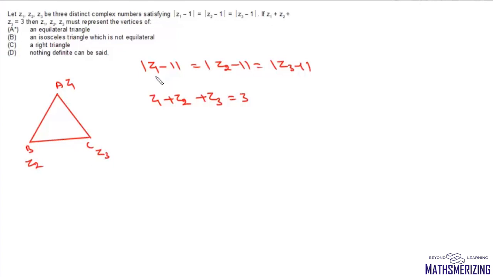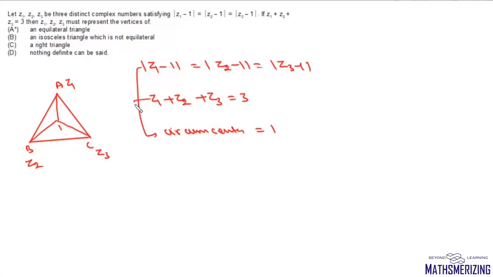Now mod of Z1 minus 1 equals mod of Z2 minus 1 equals mod of Z3 minus 1 means there is this point 1 which is equidistant from all the 3 vertices, and we know that any point which is equidistant from all the 3 vertices is nothing but circumcenter. So for this triangle, circumcenter is at 1.